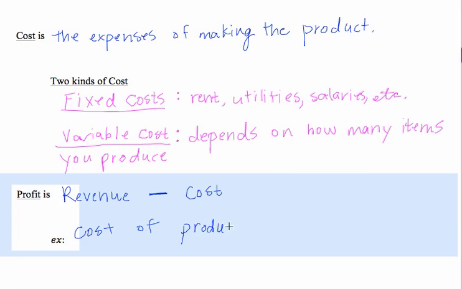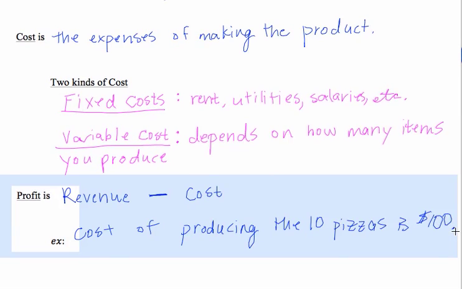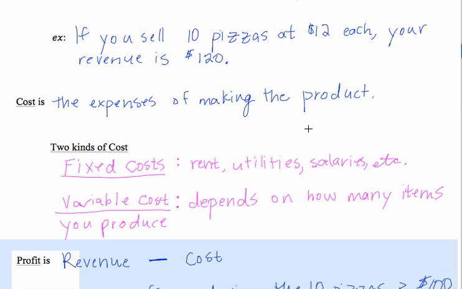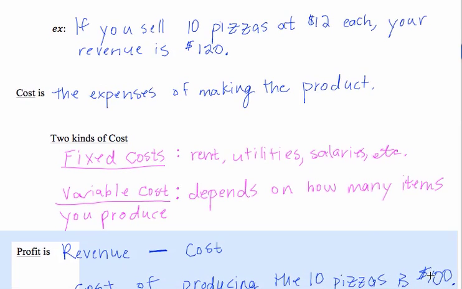So for example, let's just say straight up that the cost of producing those 10 pizzas that we were talking about earlier is $100. We're just making that up. But say it cost you $100 to make 10 pizzas. Basically, it costs you $10 per pizza. So how much profit do you have in the end? Well, your total cost is $100. Your total revenue is $120.